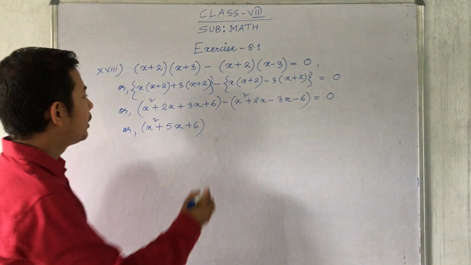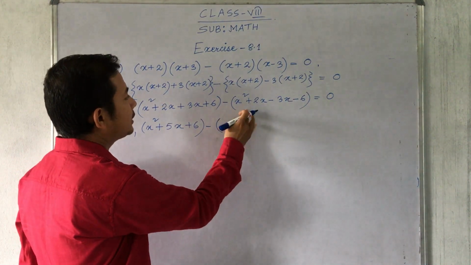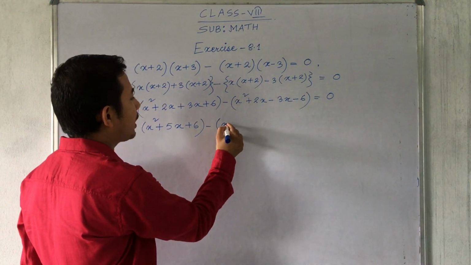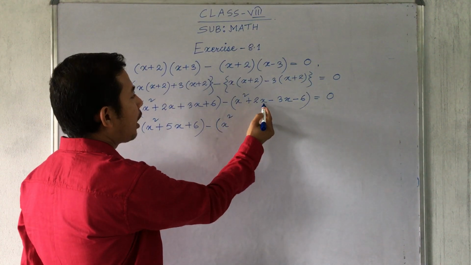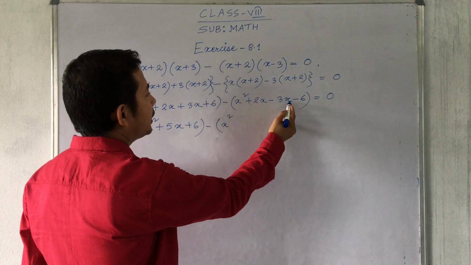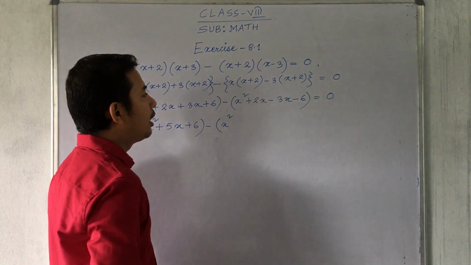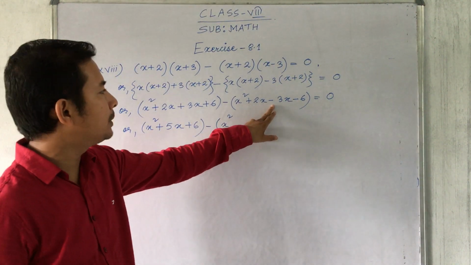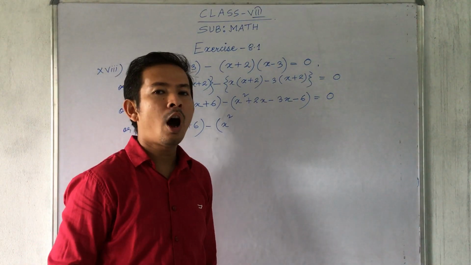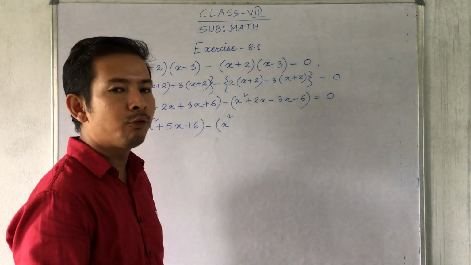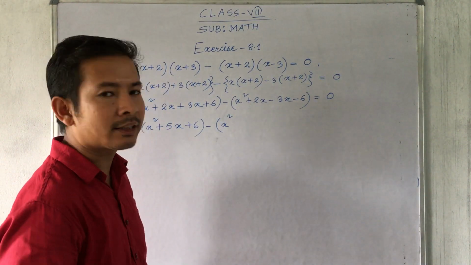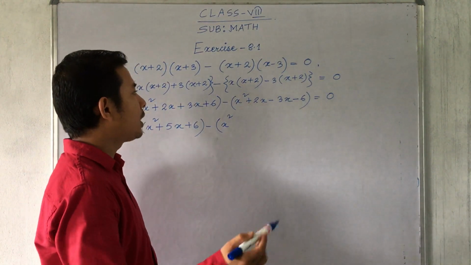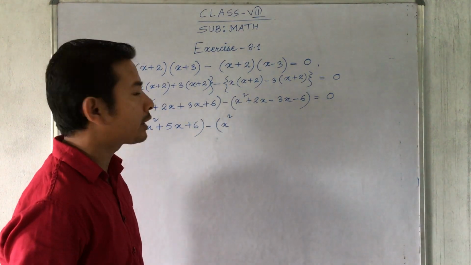Understood? Very easy. Now minus, there is x square, there is no other x square, so write x square as it is. Now in front of 2x there is plus, there is also x, but this is minus 3x, isn't it? So plus minus, that means 2x is subtracted from 3x. How many x left? 1x. If it is 1x, no need to write 1, you just write x only. But one thing you must remember, we should always follow the greater number.